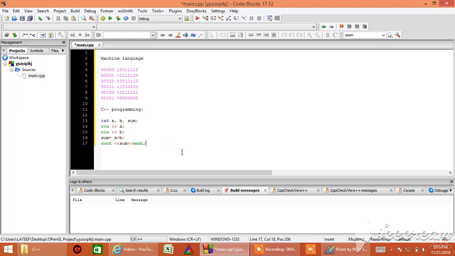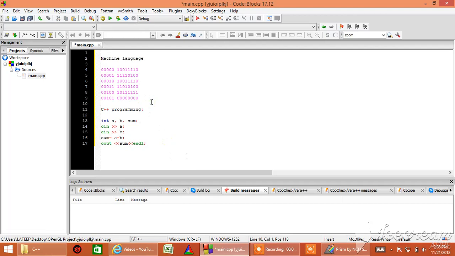Even if you cannot really understand this C++ program, you should be able to appreciate how much easier it is to program in C++ as opposed to machine language.